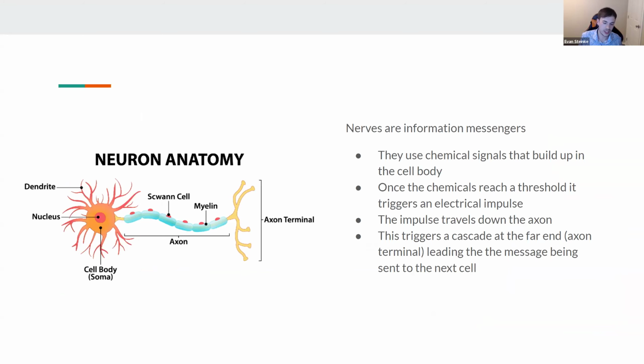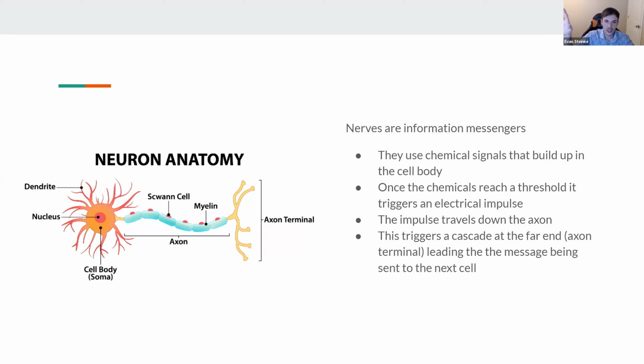But if we want to get into how does this actually cause our symptoms, right? That's the condition. How is it happening? We have to understand a little bit about how nerves work. So here's a picture of a neuron, and I'm just going to go over it briefly. On the left side in that orange structure, the cell body, that is where the signals start to get received.